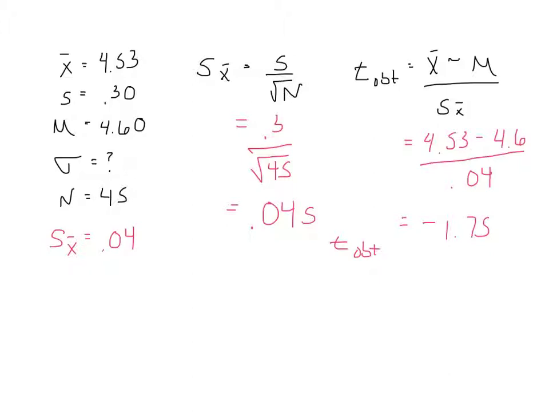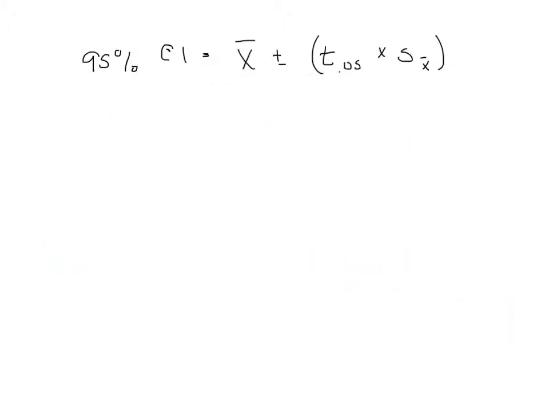Now, this is what we call a point estimate. And to have a point estimate, we also need to have an interval estimate. So we're going to calculate 95% confidence intervals.